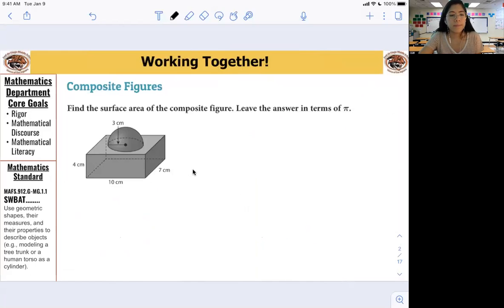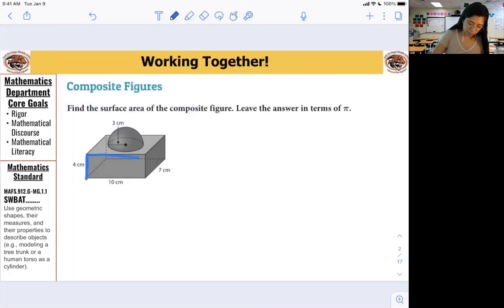So what do I have here? Let's describe what I've got. I have a rectangular prism and a hemisphere. Good. Now, here's something that we have to consider.